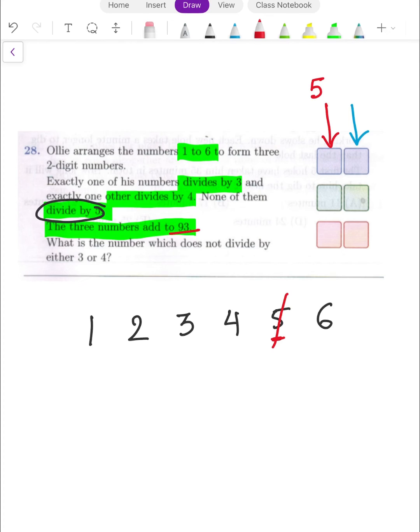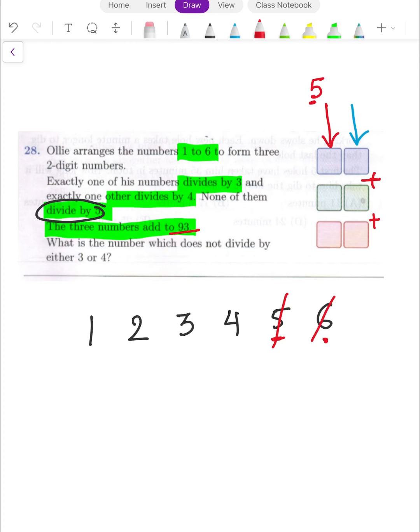Now, another clue: these numbers have to add to 93. So one of the digits is 5 already. We cannot have 6 in the tens column, because the moment I put 6, 6 plus 5 is already more than 100. It will go into the hundreds column.